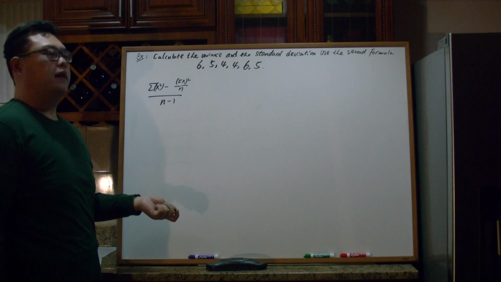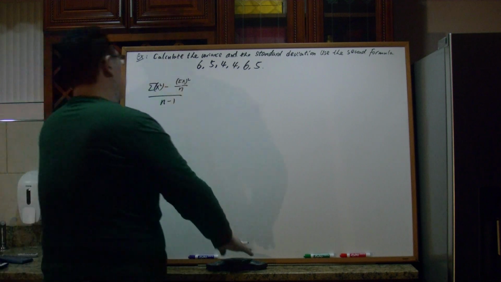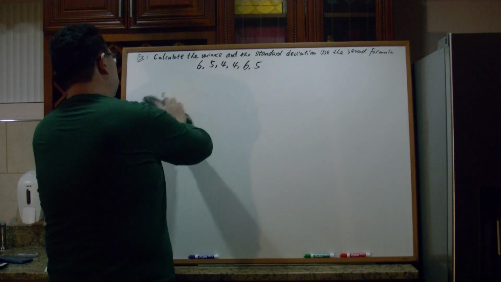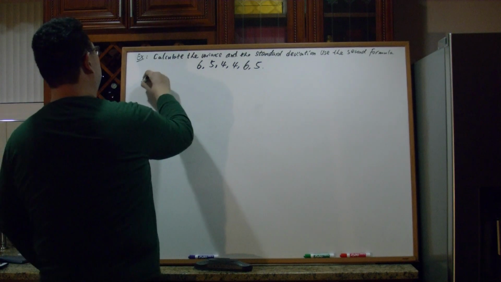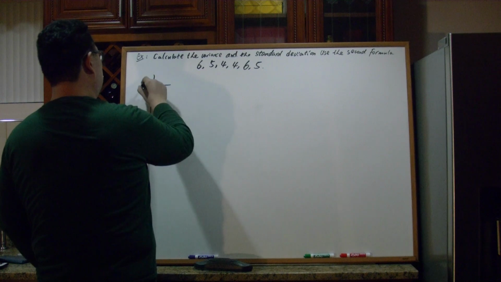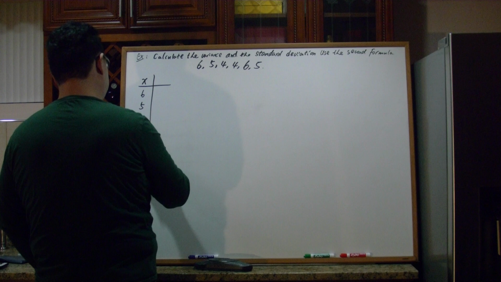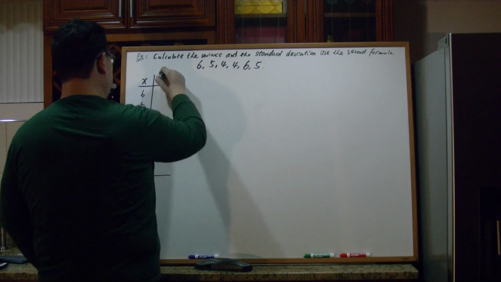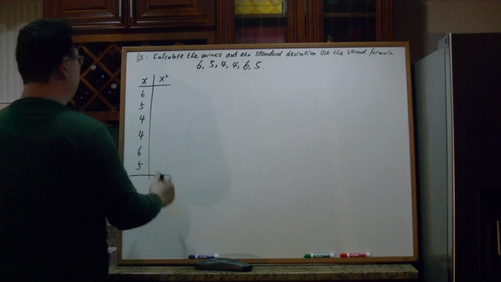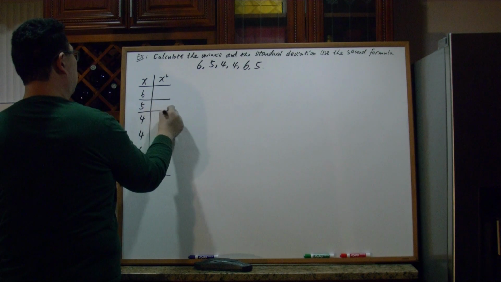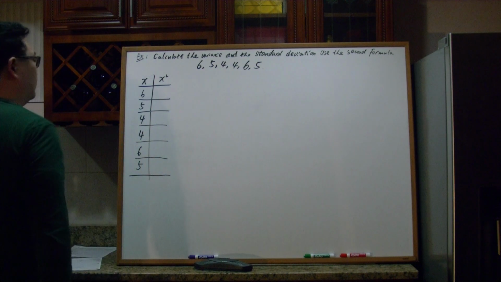We don't even need to find the sample mean, everything will be calculated inside the formula. So we can build a table of 6, 5, 4, 4, 6, 5, and square it. With this formula, the table is much simpler. I will just have two columns.